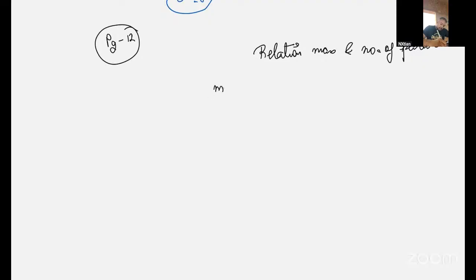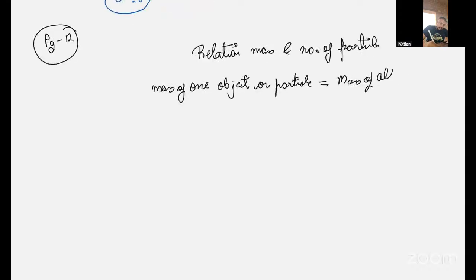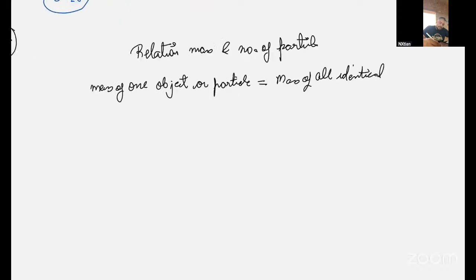Mass of one object or particle is the mass of all identical items upon the total number of items. Okay, we can understand it like this.